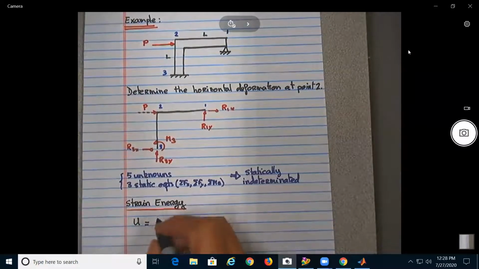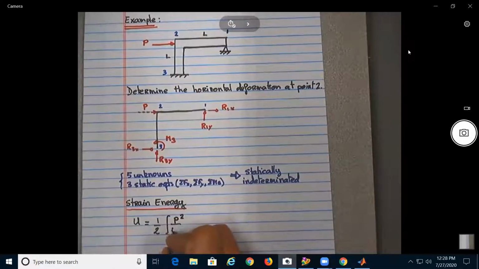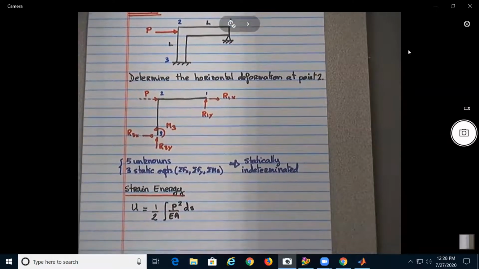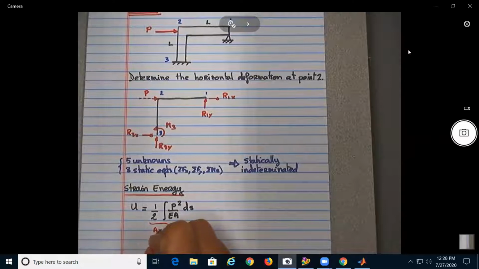The axial strain energy was derived to be equal to 1/2 integral, if you remember, P squared over EA, where EA is what resists the axial force, A being the cross-section area, and then we add here DS. So this is the axial strain energy, the axial term, okay?